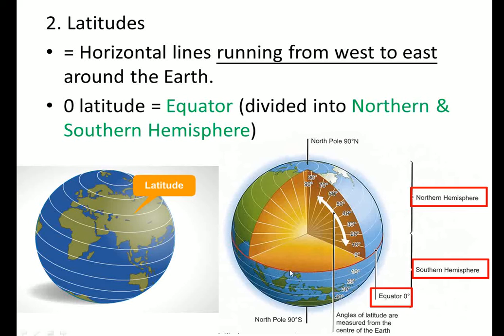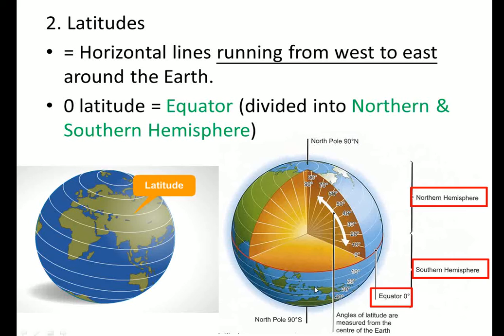If this is 0-degree, then we have 10 degrees, 20, 30, 40, 50, 60, and then up to here, totally we have 90 degrees north. This is the North Pole, 北極點.